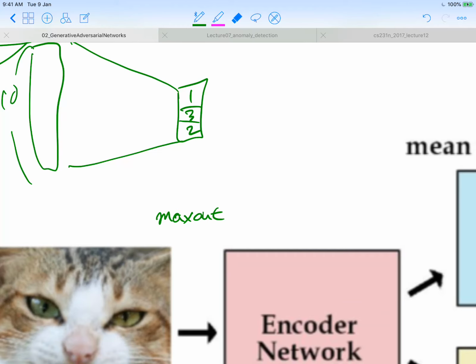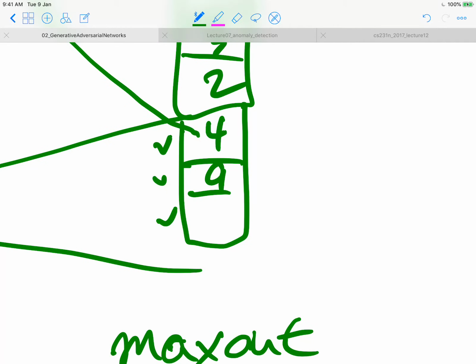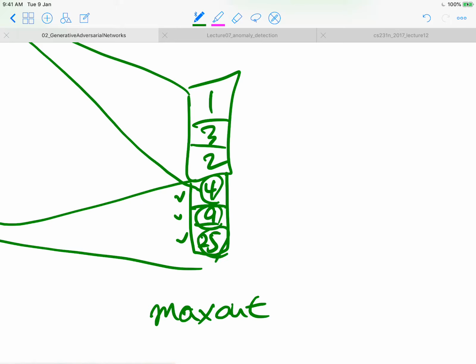We generate another three-dimensional output, so we basically have two sets. Suppose those three values are 4, 9, and 25, and those will work as a kind of noise generator that will be added to the first set of output activation maps.